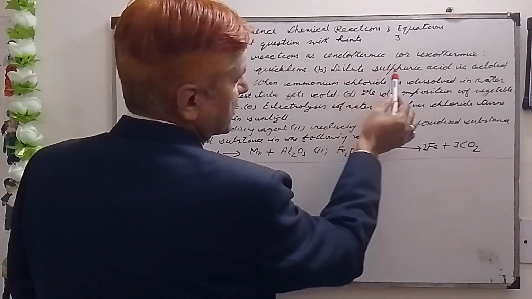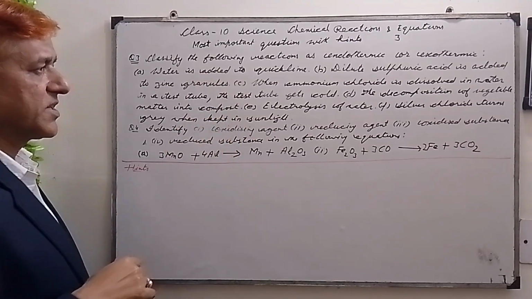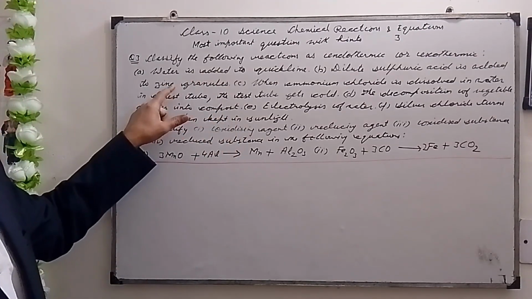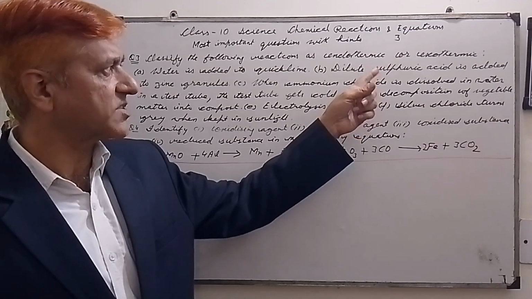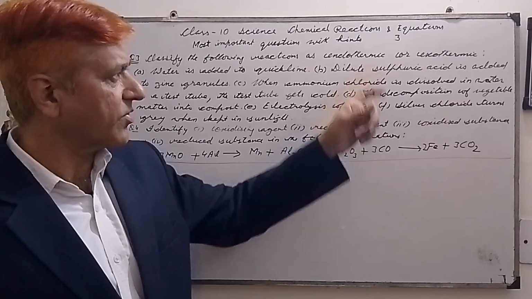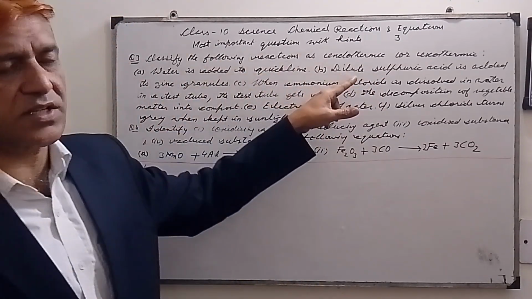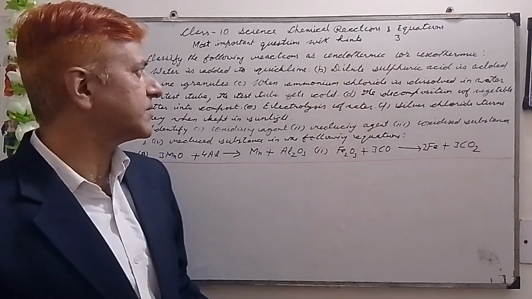B is dilute sulfuric acid is added to zinc granules. My dear students, this is a reaction between metal and mineral acids, whether sulfuric acid or nitric acid or hydrochloric acid. Metal plus acids are always exothermic reactions. Heat is produced.